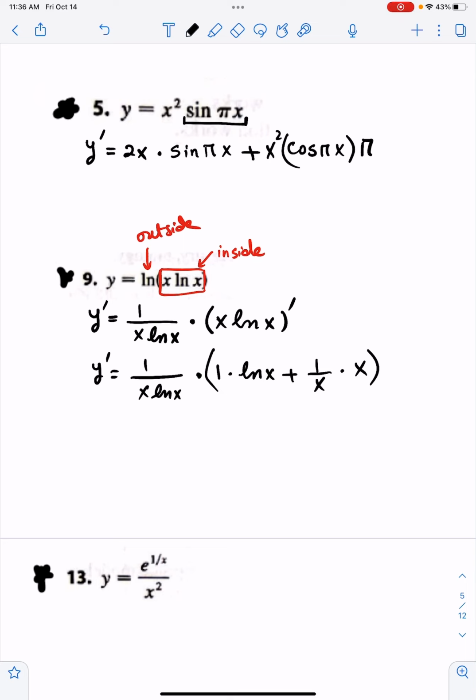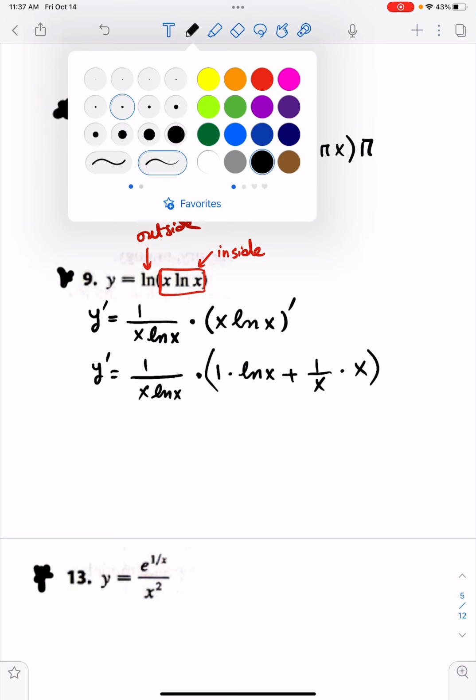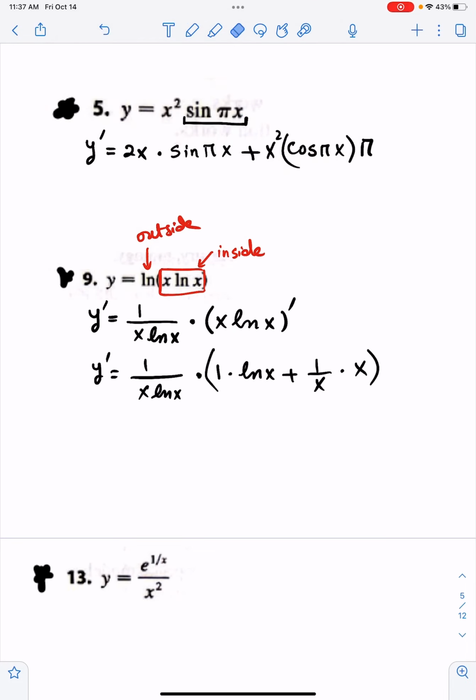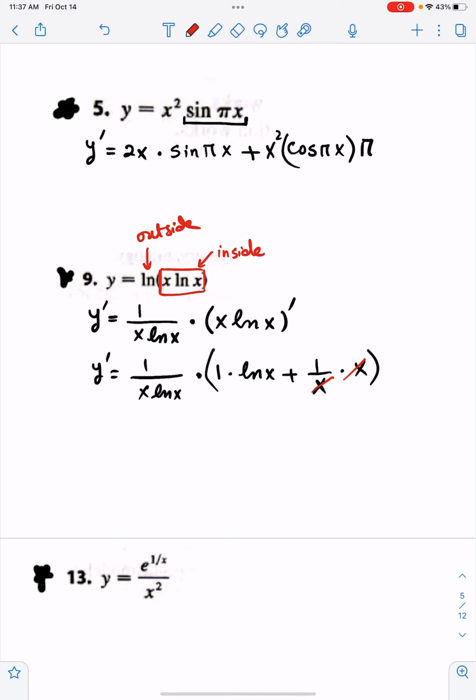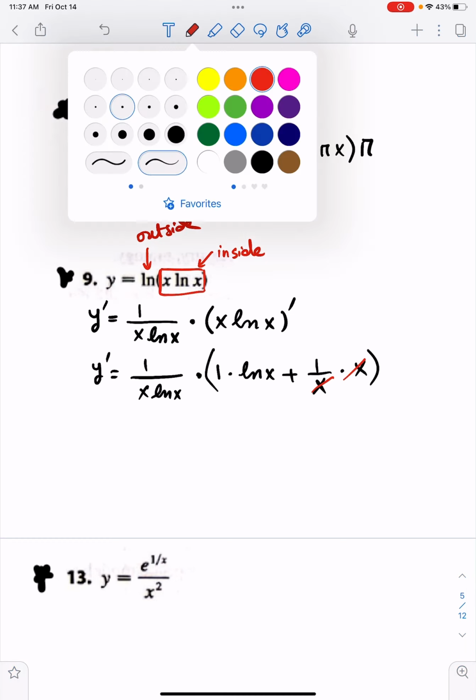The derivative of the second is the derivative of ln x, which is 1 over x, times the first. Okay, now you may simplify here. x and x cancel, so you would have 1. So here is how we can simplify.